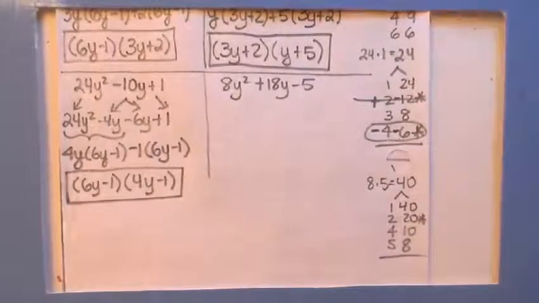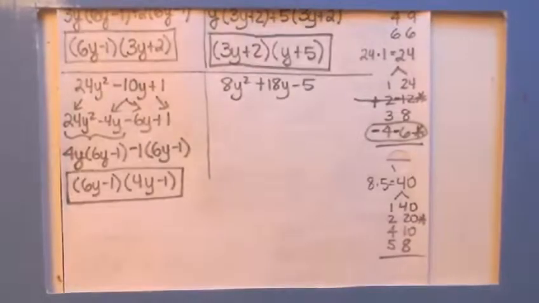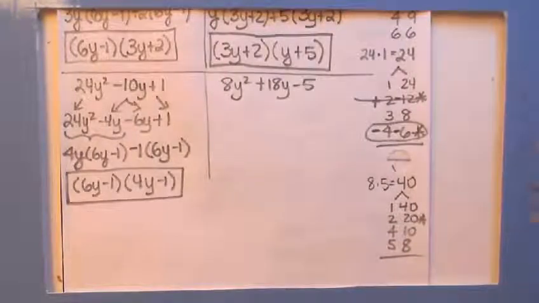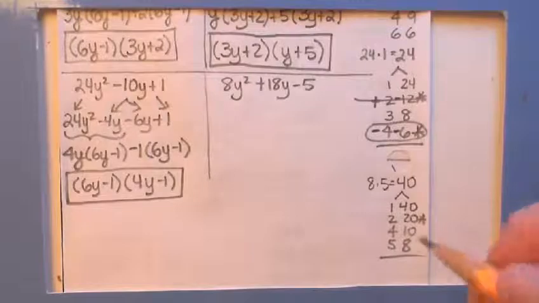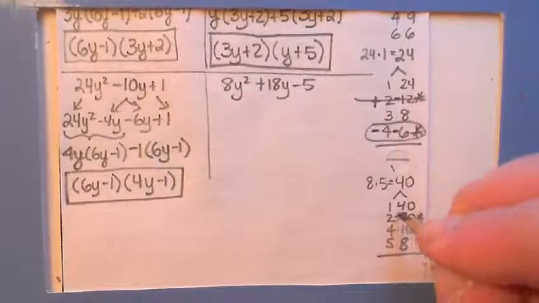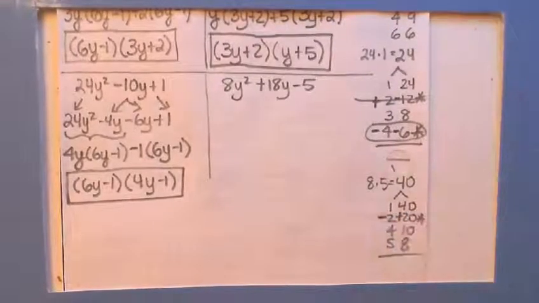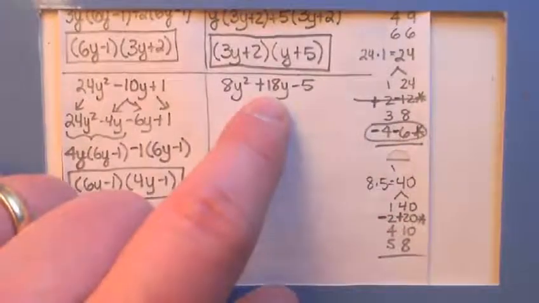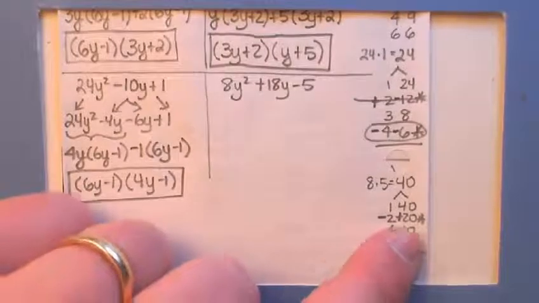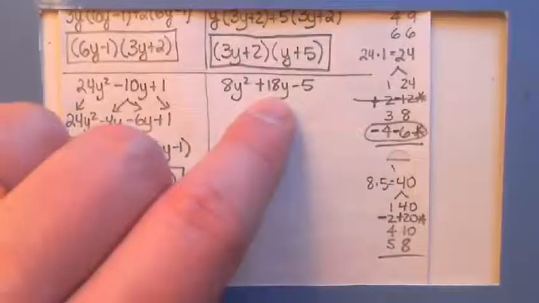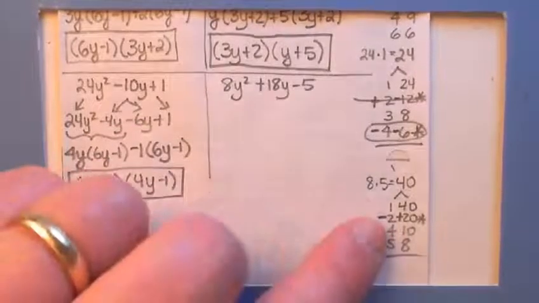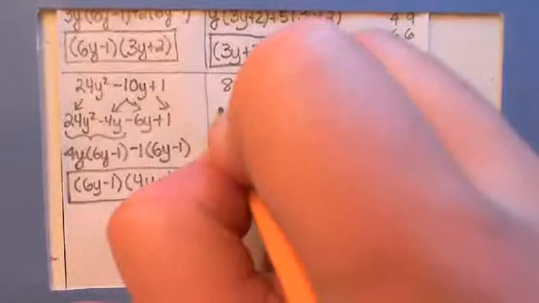The only thing is 2 and 20. So that means the 20 would have to be positive, and the 2 would have to be a negative. 20 has to be positive because the middle one is positive, and the 2 has to be negative because 20 minus 2 gives me an 18. Final check. A positive times a negative gives me a negative. Yes, it does. So I'm okay.